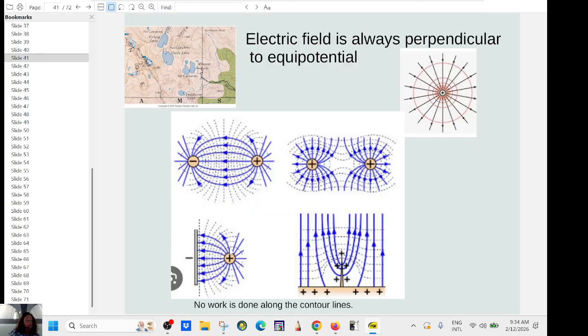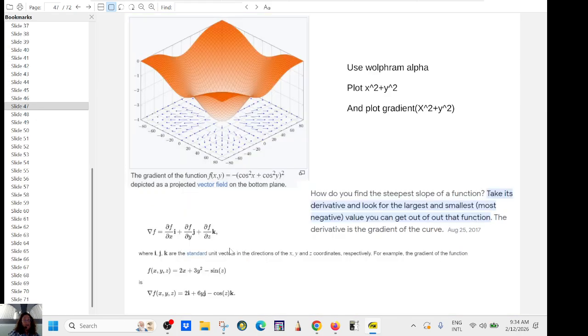Okay, so we did all that. So remember, mathematically, the electric field is the slope of the potential. So in 3D, the electric field is the steepest slope.